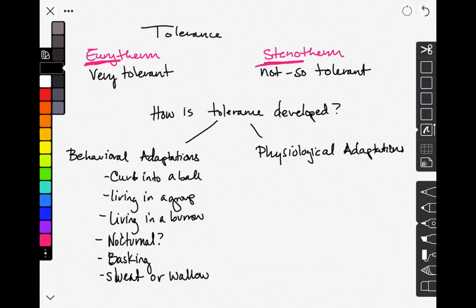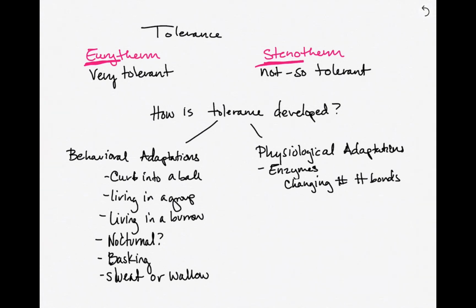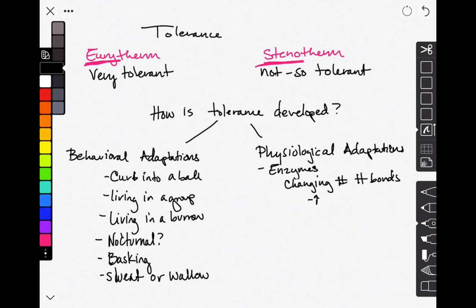A lot of these are going to be on sort of the macromolecular level. So if we think of enzymes or any kind of protein, the physiologic adaptation is going to be changing the number of H bonds. So increasing if you're in an environment where it's hot and you're probably going to lose some, or decreasing if you're in an environment where it's cold and those H bonds would get too rigid and hold your protein together too tight for it to work.